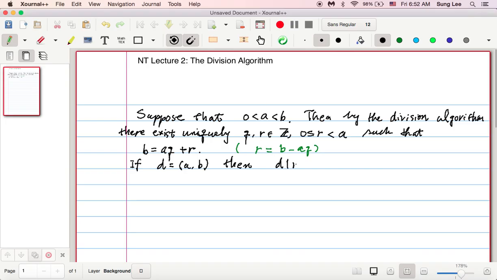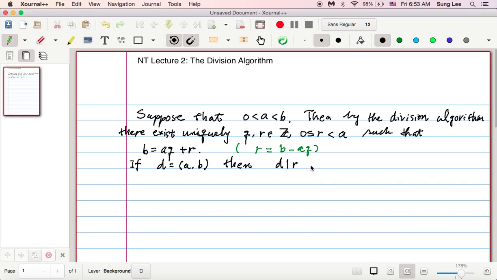So d divides a and d divides r, which implies that d is a common divisor of a and r.